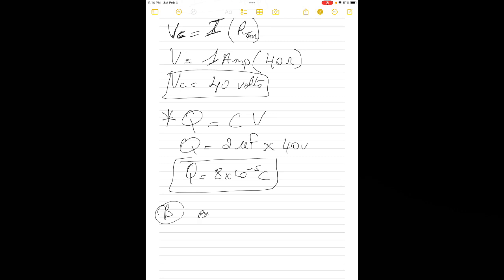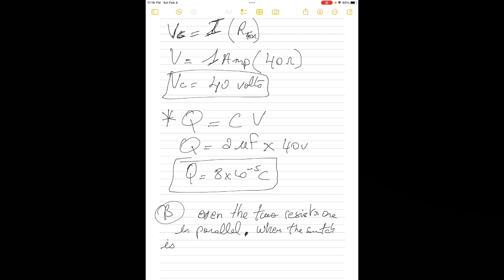Even though the two resistors are in parallel when the switch is closed, the switch is open at t equals 0 seconds. At what time has the charge on the capacitor decreased?